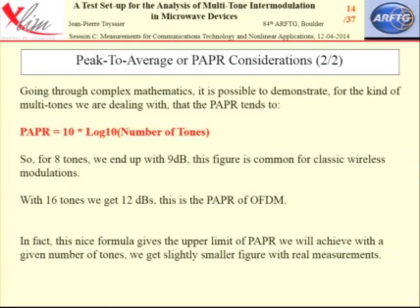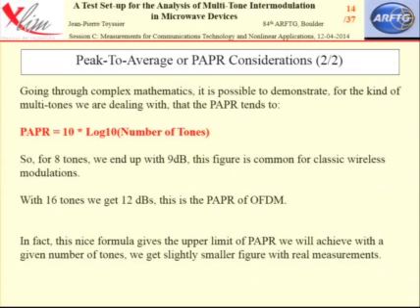The peak to average with this signal only depends on the number of tones. So with 8 tones, we end up with a peak to average of 9 dB. And with 16 tones, we get 12 dB. That is more or less the peak to average required for OFDM. And 9 dB is very common, in the range of what you need for WCDMA or this kind of thing.